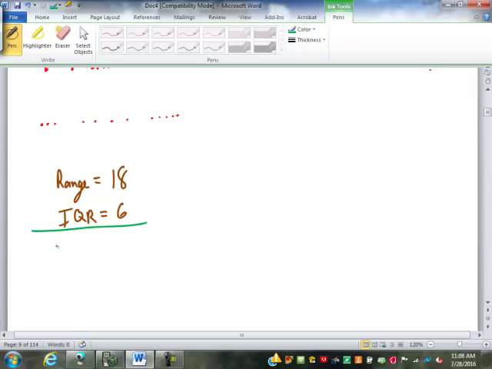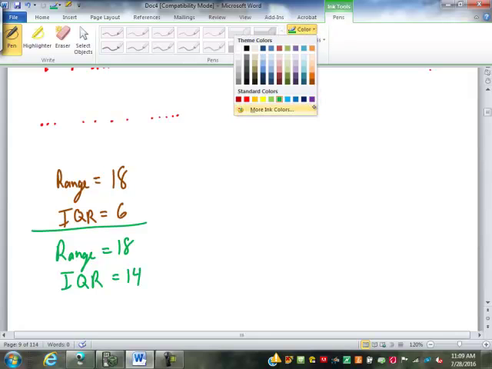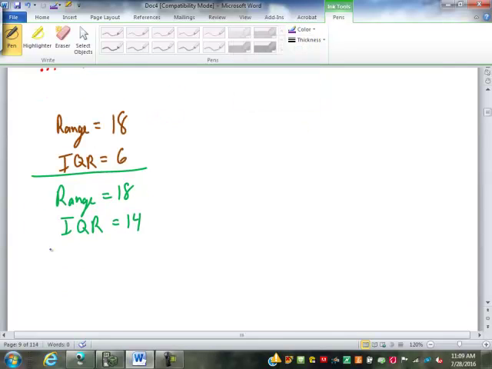I have a second set of data that also has a range of 18 and an interquartile range of 14. And I have a third set of data that also has a range of 18, an interquartile range of 9.